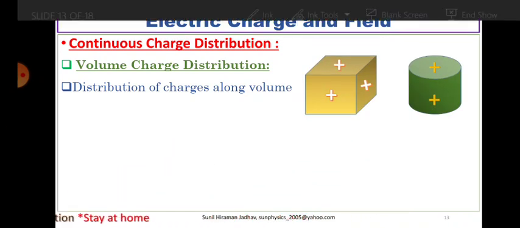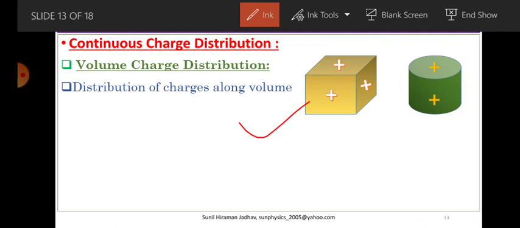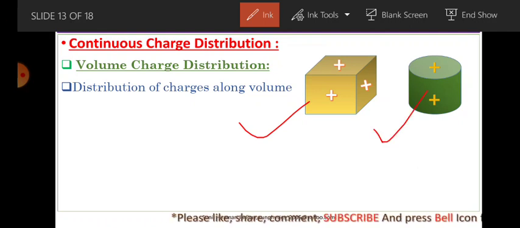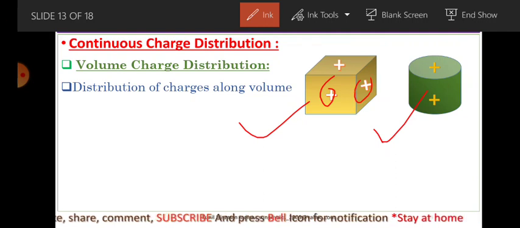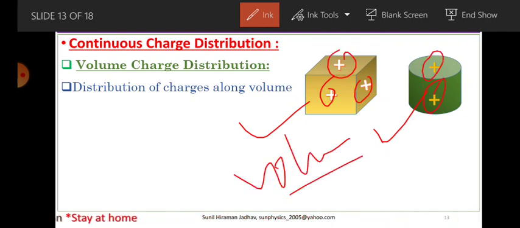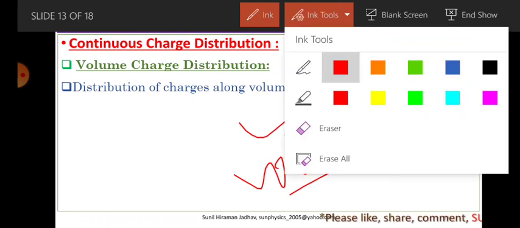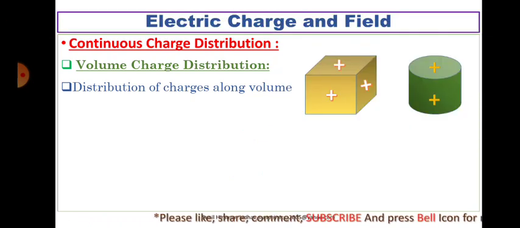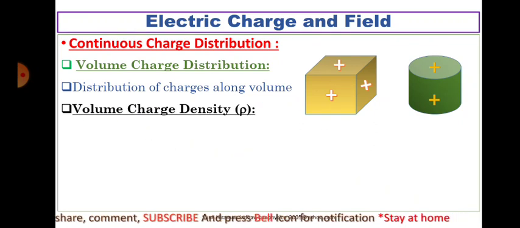Suppose we have a volume like a cube or a cylinder, and charge is distributed over that volume. In that case, we can define the volume charge distribution. Again, we can define a quantity, that is volume charge density.